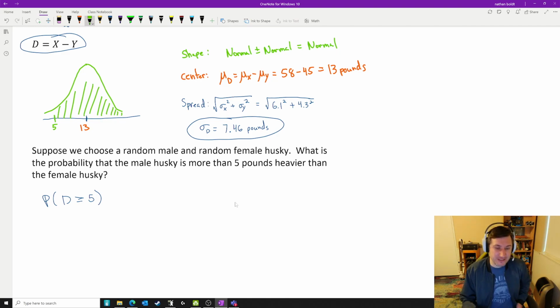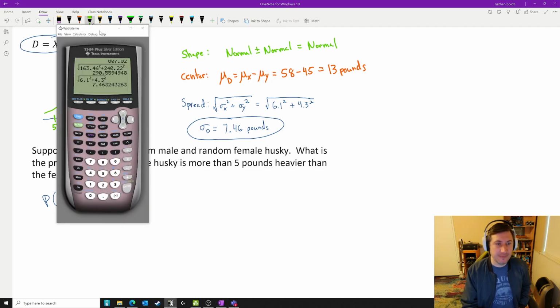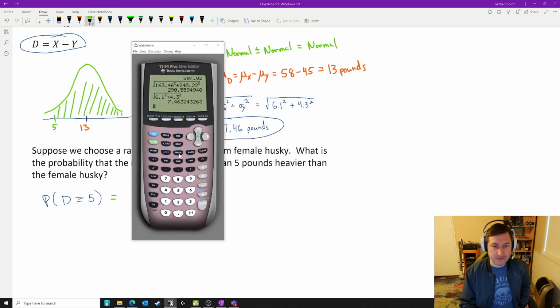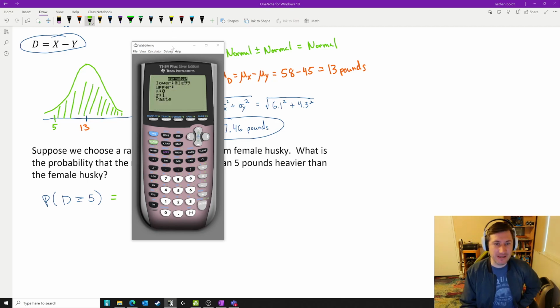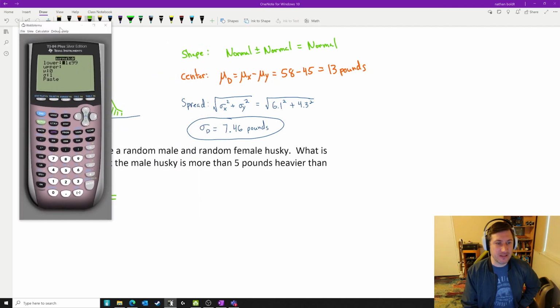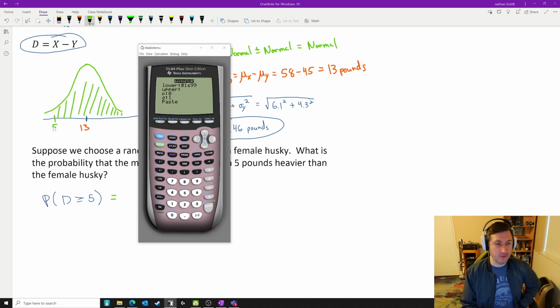Well, that's a normal CDF. So I'm going to come over here to my calculator and go normal CDF. So again, yours is in a different place. You have a different calculator, but you should know where normal CDF is by now. They ask all the same things. So my lower is 5. That's my lower boundary. Let's see, I colored in to infinity, right?